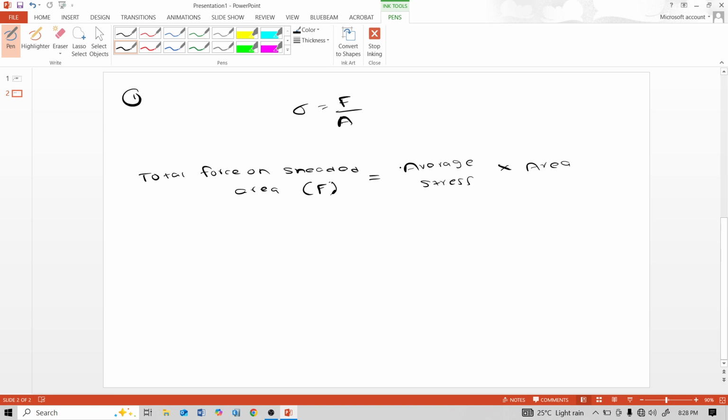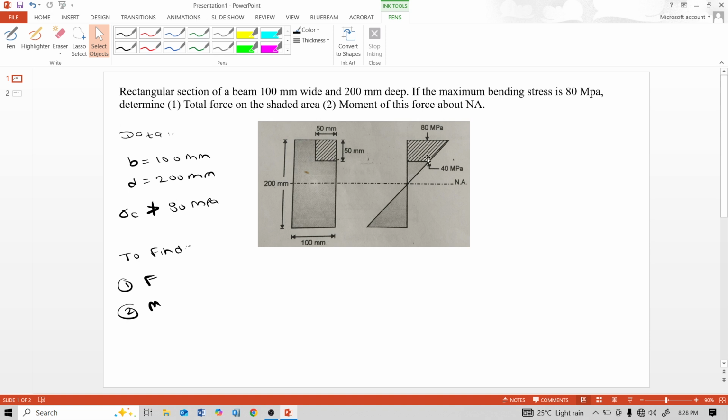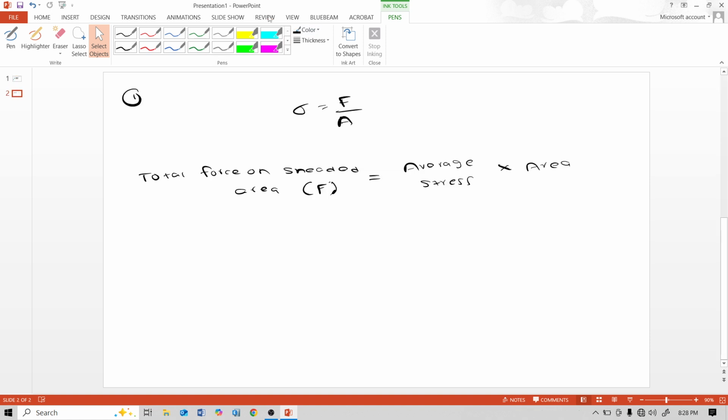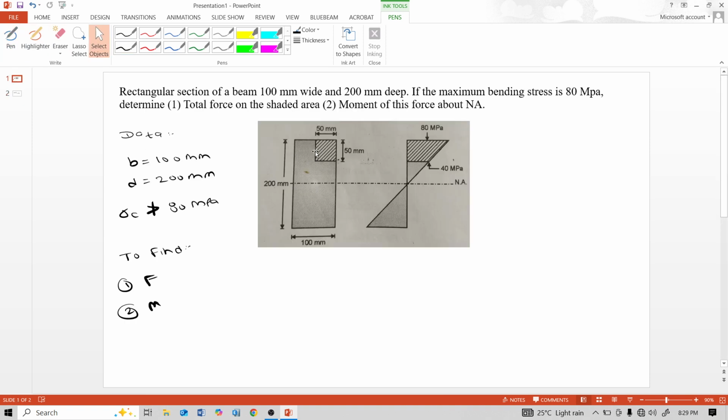Why do we take this average stress? Because here, see, in the stress distribution diagram, 80 MPa plus 40 MPa divided by 2 is the average stress. F is equal to (80 plus 40) divided by 2, into area. Which area? The area for that square shaded portion, 50 multiplied by 50.